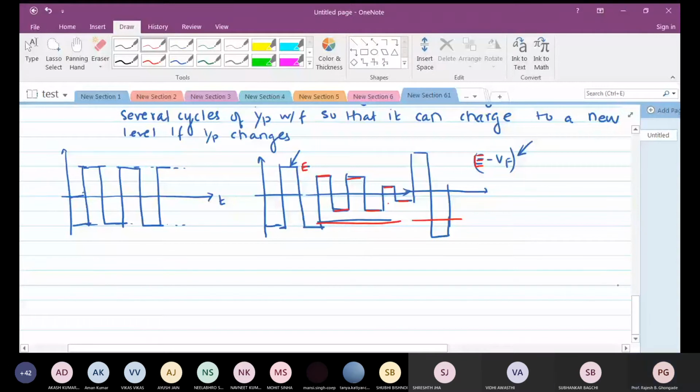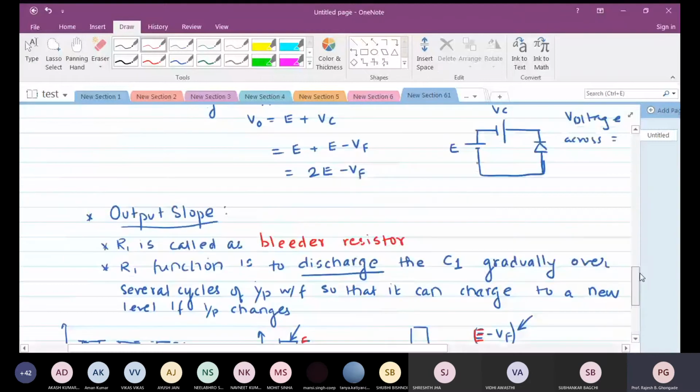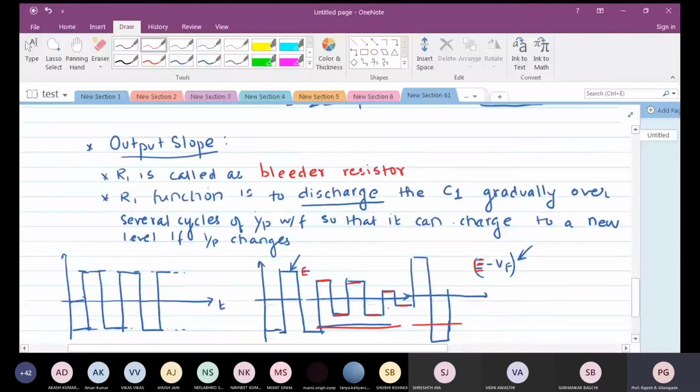That is the reason why R1 is called a bleeder, because it bleeds off the charge from the capacitor.